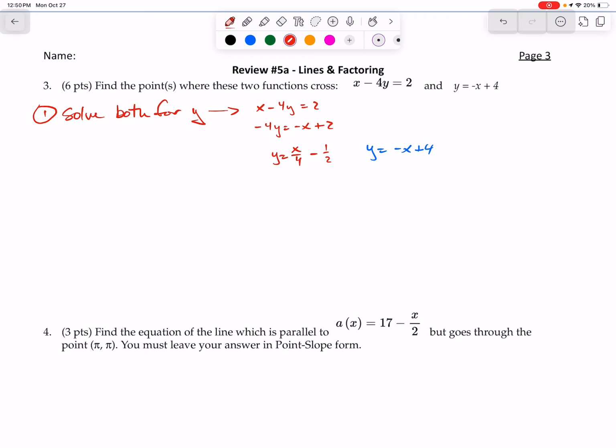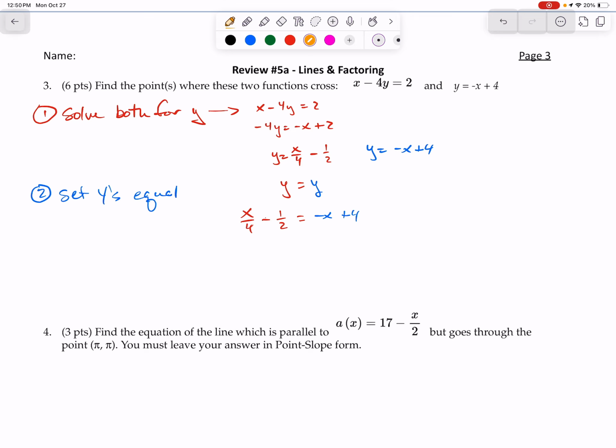So the second thing is set the y's equal. So the red y must be equal to the blue y, which means x over 4 minus 1/2 has to equal minus x plus 4.